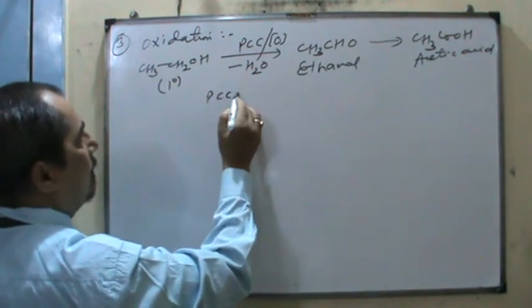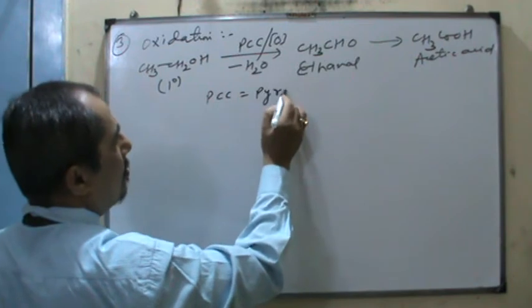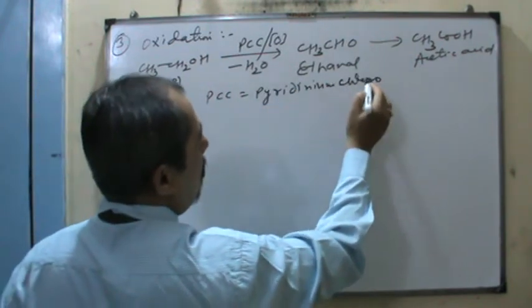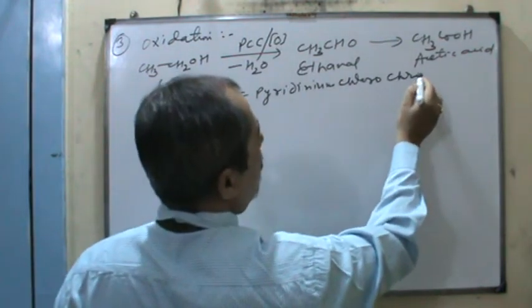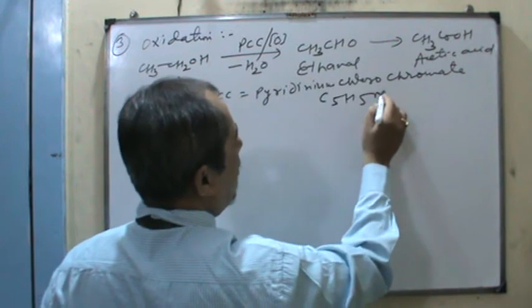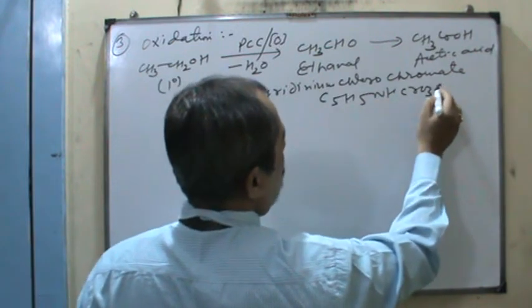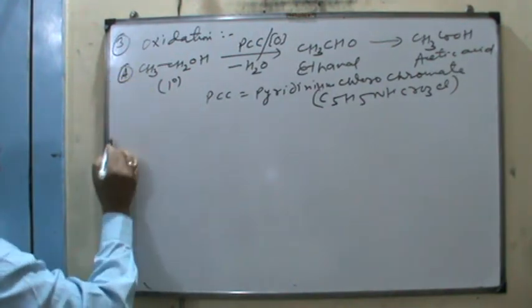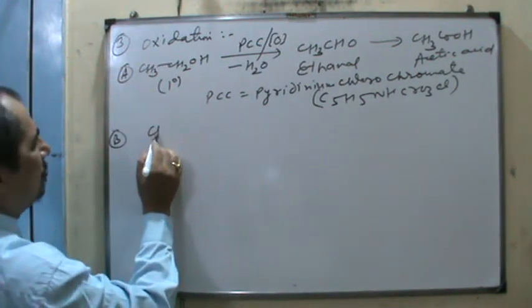PCC is pyridinium chlorochromate. Formula is C5H5NH CrO3Cl.